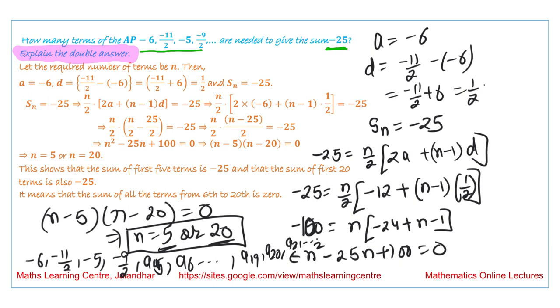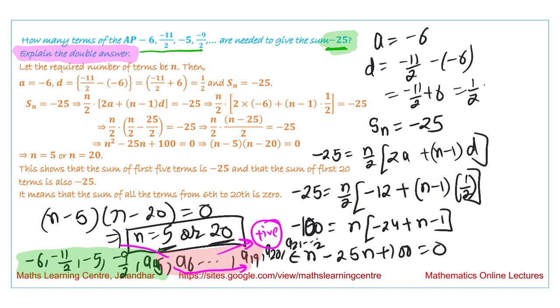Now if we are talking about the first 5 terms, their sum is equal to minus 25. All these terms are negative. What will happen is that at some point between these terms, the sign of the terms will change from negative to positive.